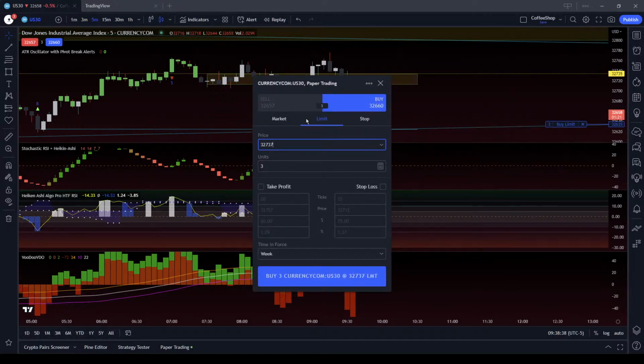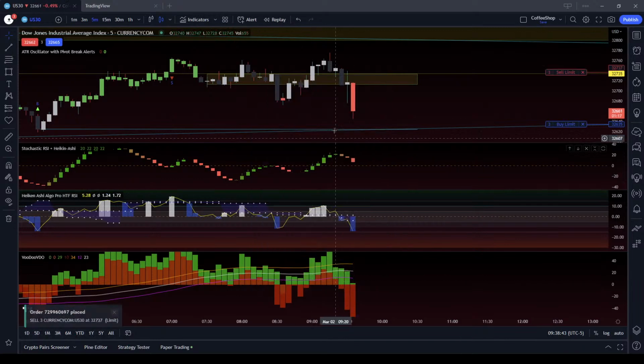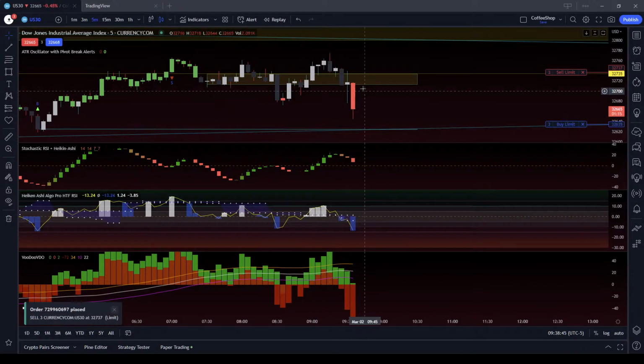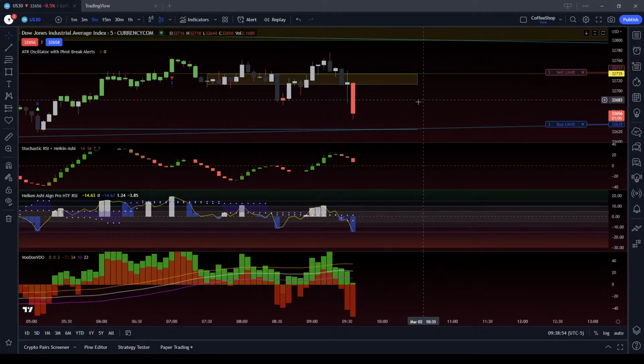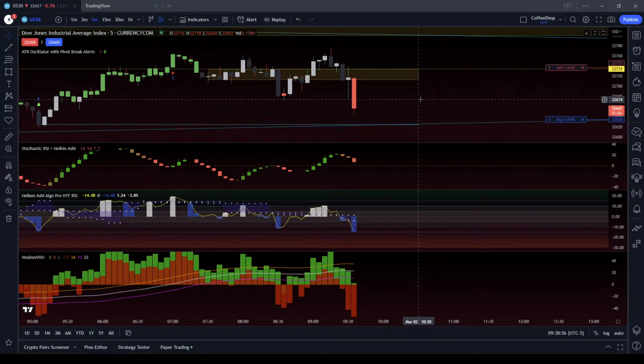Create new order. This is going to be a sell order at this point. I'm going to sell all 3 units. So I'm going to buy at this point and sell at this point. See, I have this in the right place here. Yep, right back to that zone. So let's see how this goes.